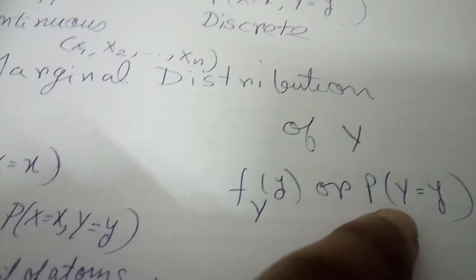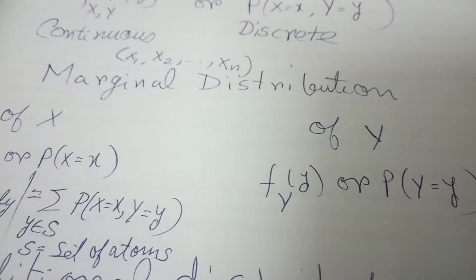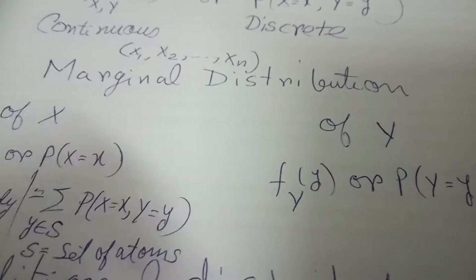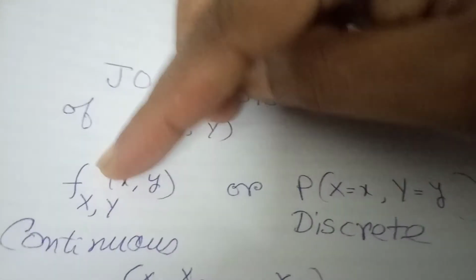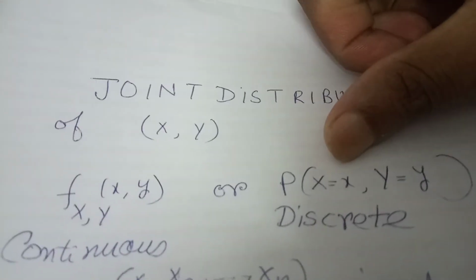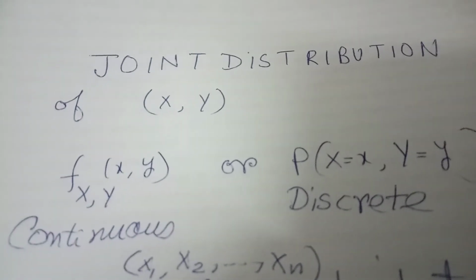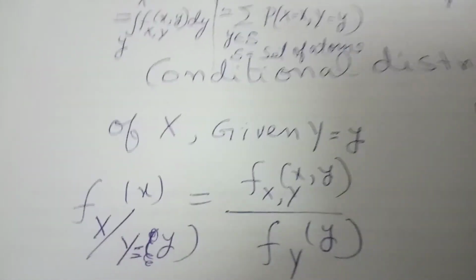I would ask you to do some exercises. Like in the last video, I had given you some examples of the joint density function from that book and of the joint probability mass function. If you remember that 2 by 2 table, I would request you to compute the marginal distribution of x and the marginal distribution of y for those examples.